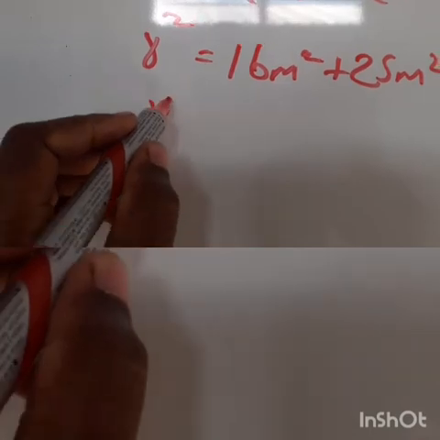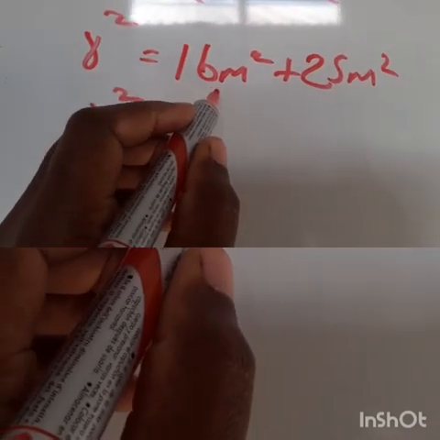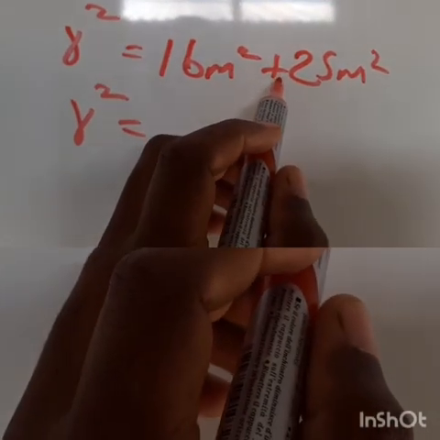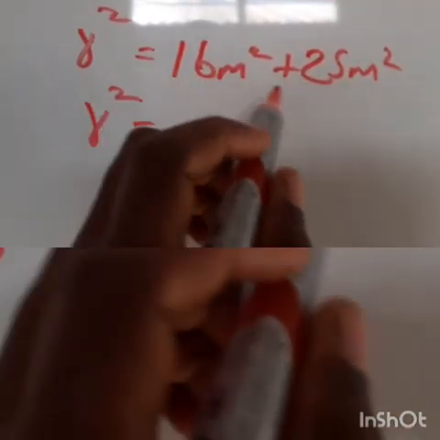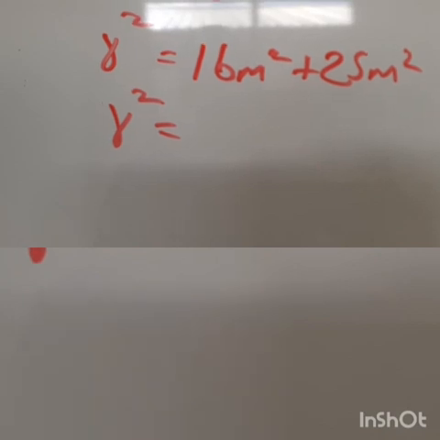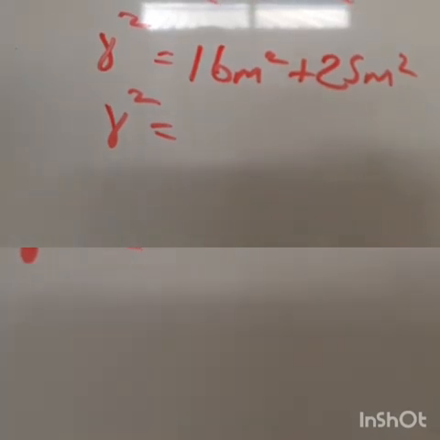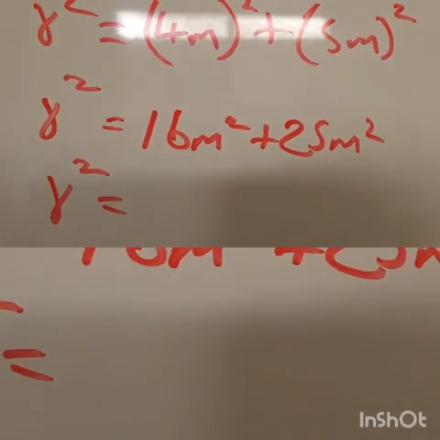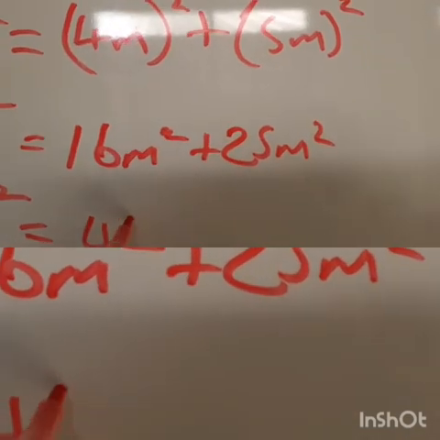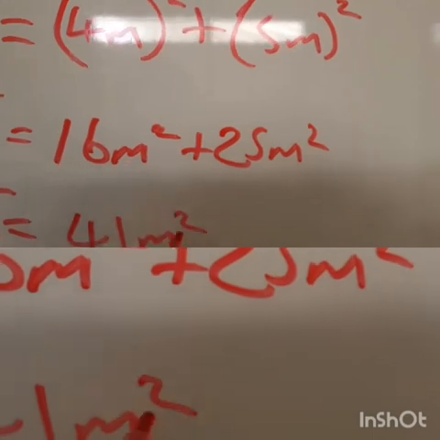Therefore I have r squared equals 16 meters squared plus 25 meters squared. When I add these together, I get 41, so it becomes 41 meters squared.